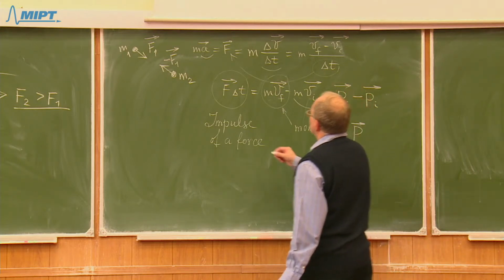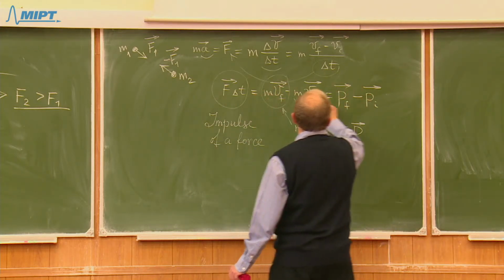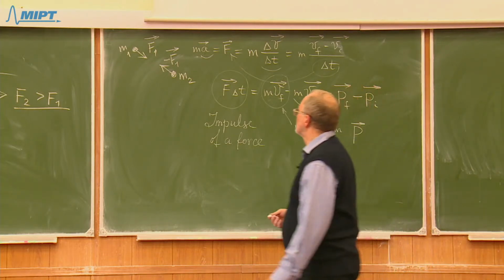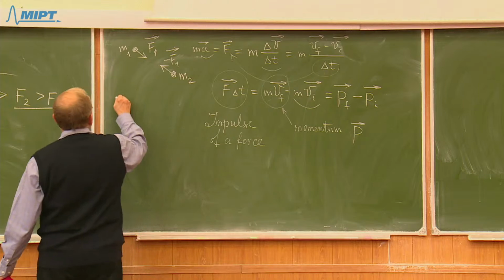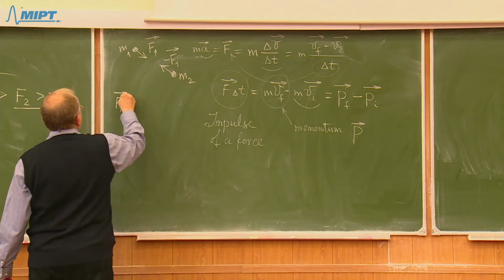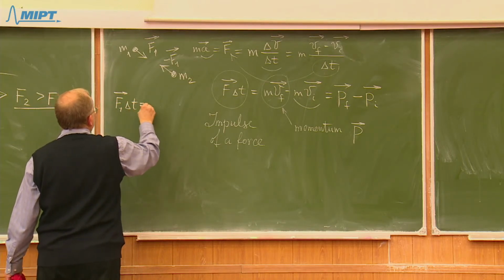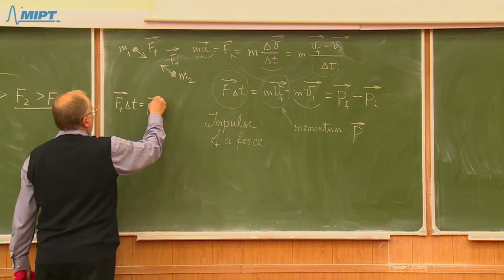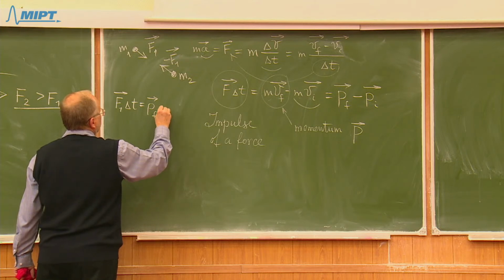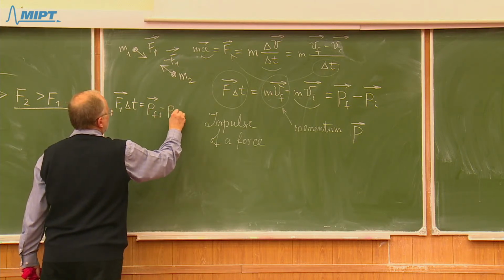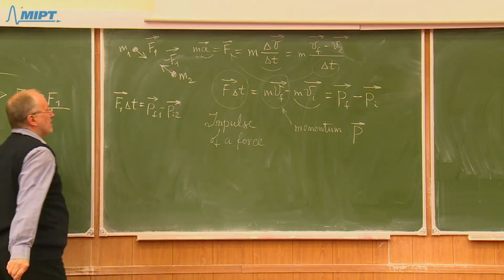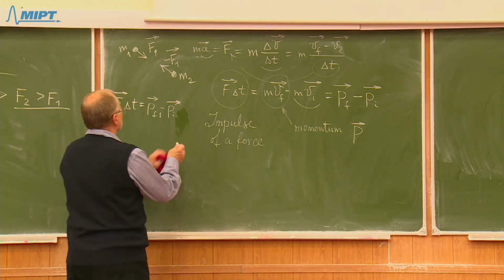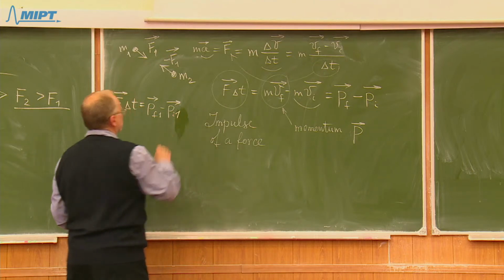So we can write the same equation for the first particle and a similar equation for the second particle. So force F1 acting on the first particle times delta t, some short time interval, equals the final momentum of the first particle minus initial momentum of the first particle.